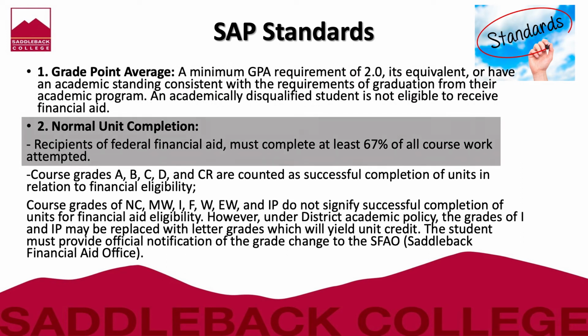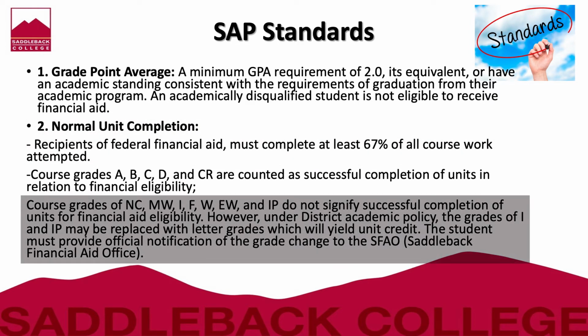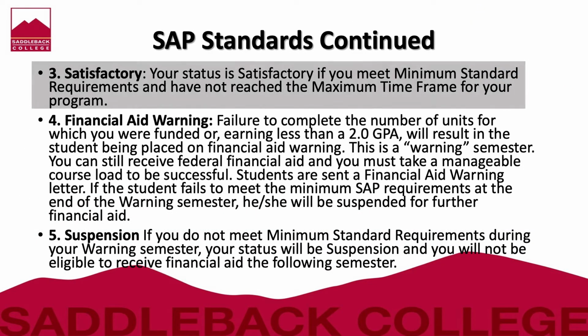A student must also complete 67% of all coursework attempted. Course grades of NC, MW, I, F, W, EW, and IP do not signify successful completion of units for financial aid eligibility. You must also remain within 150% of your program length to remain eligible.